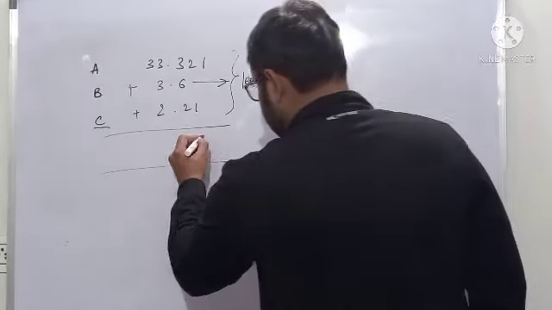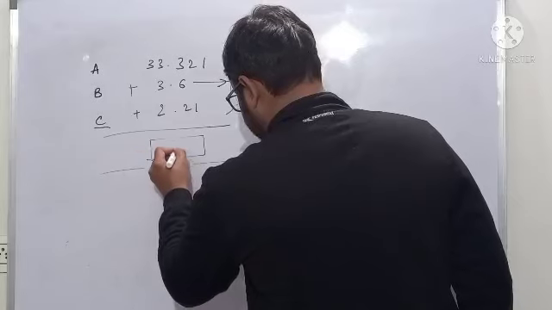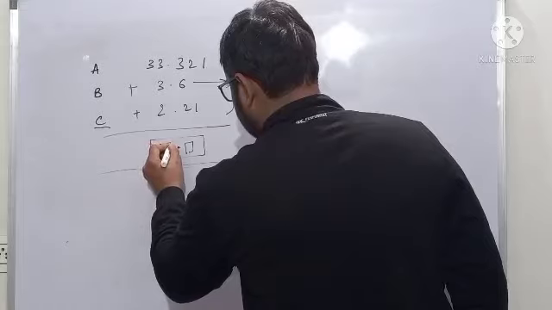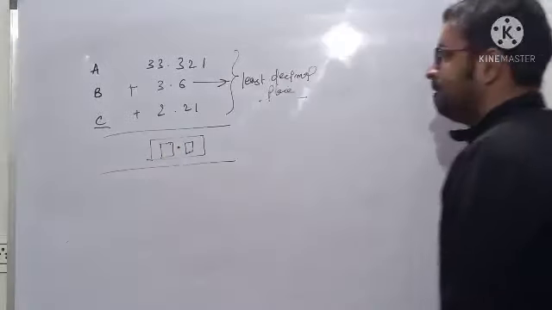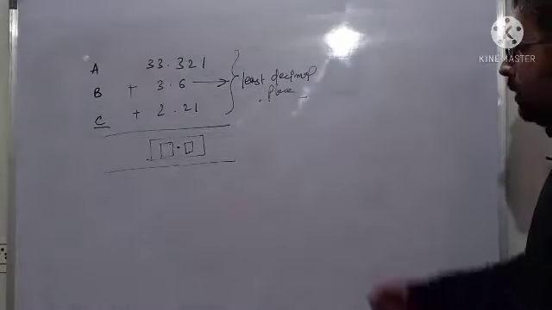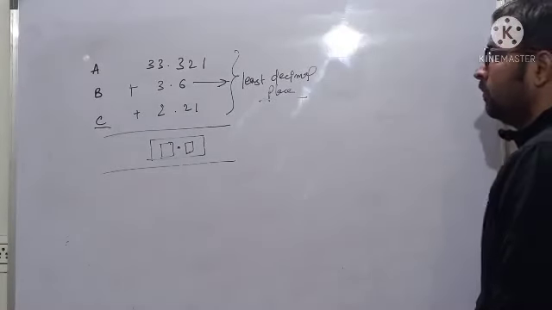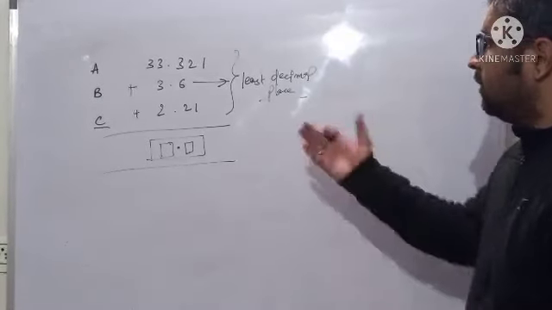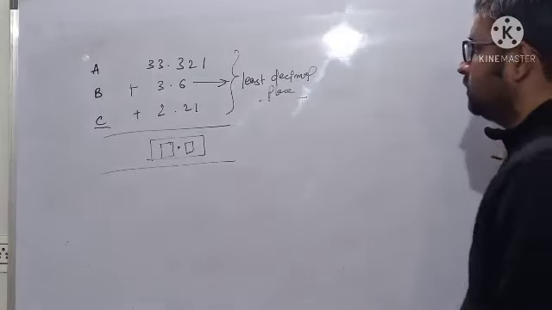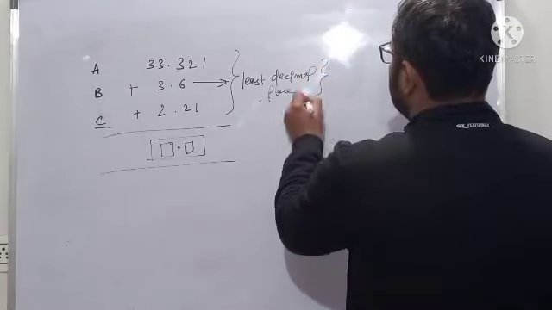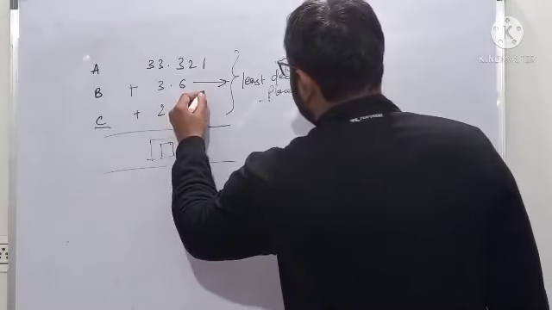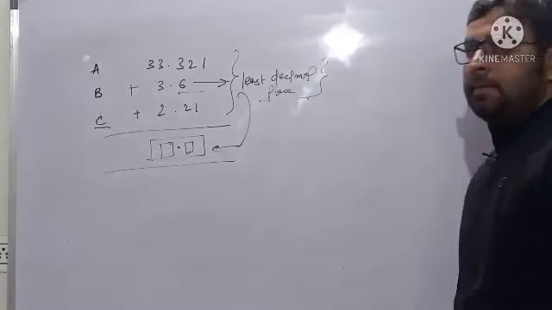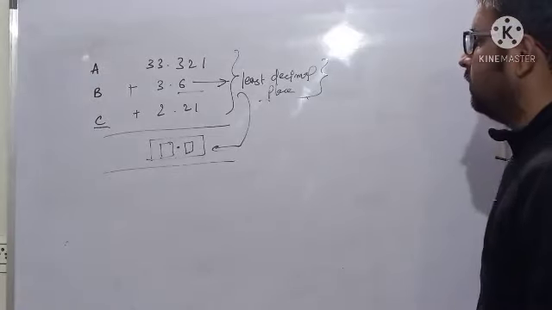So the number which we will get here will be up to one decimal place. The same rule applies when we are taking the difference of different physical quantities. So we have to stick to this rule: the number with the least decimal places will be applicable in the final calculated value.